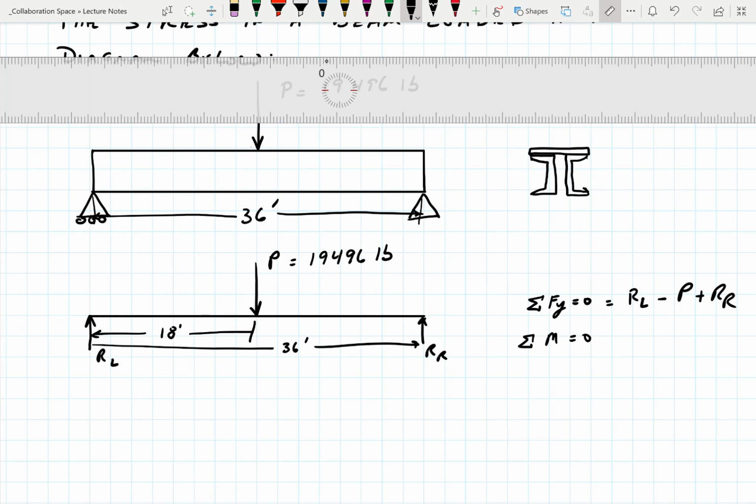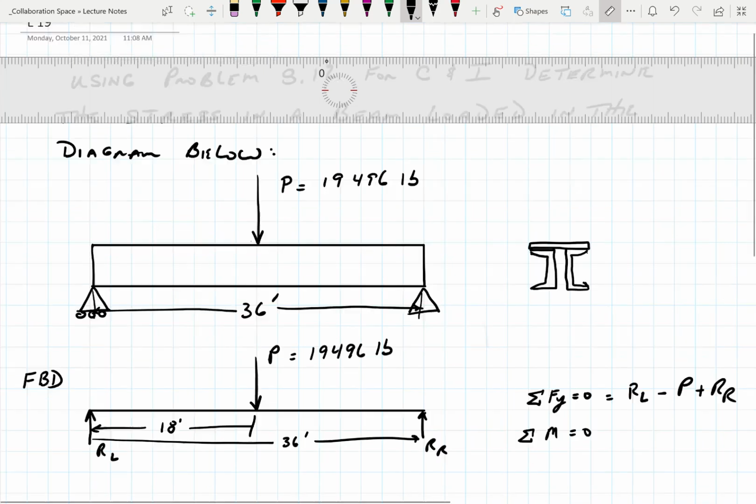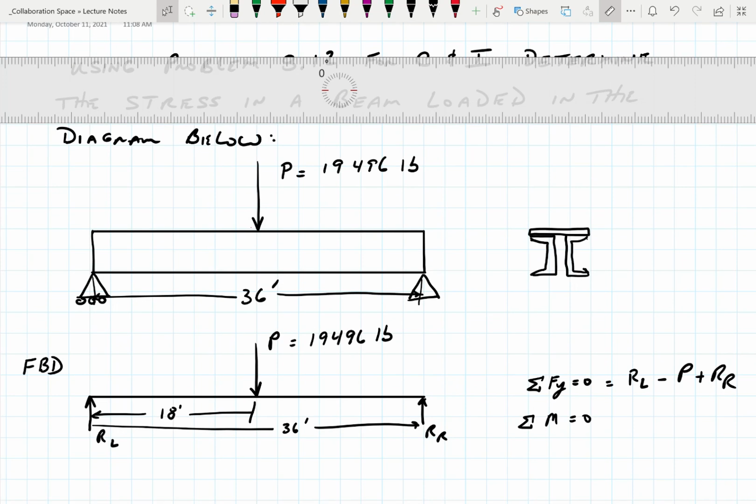Okay. Oh, by the way, why is this a free body diagram, but that one above is not? Go ahead, Henry. You're looking at me like you know. I only have the forces shown.